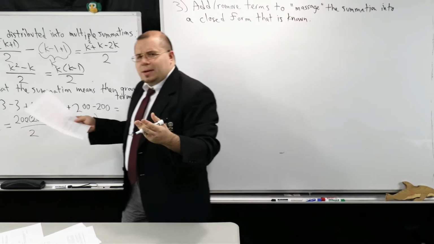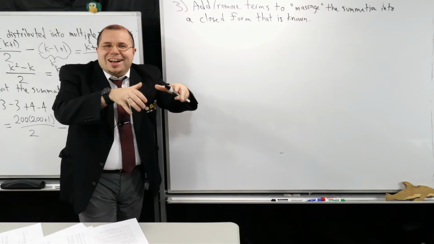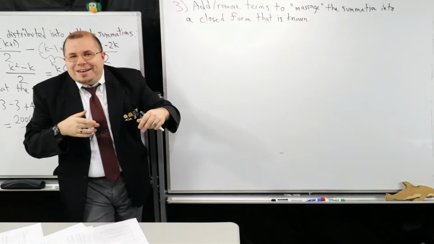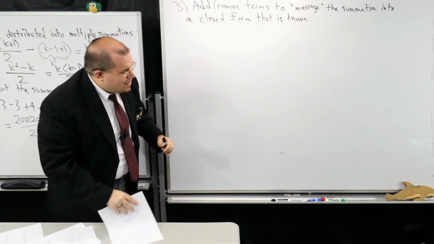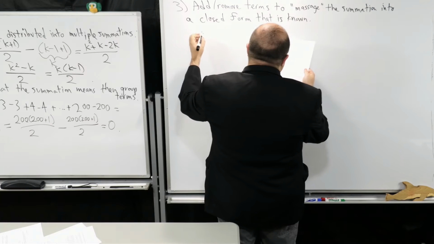That's all I'm going to do, I'm just going to add and remove terms. So I'm going to massage the summation so that I could pop something in or push something out, so I could get something that looks like something I would like to have for my closed form expression.